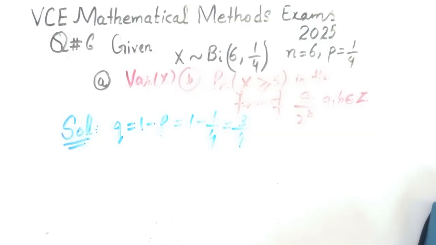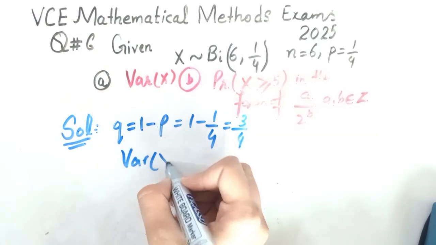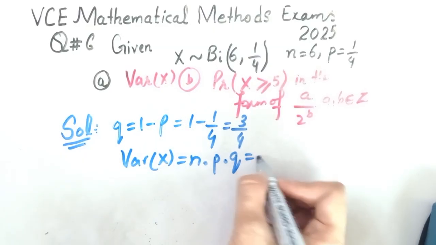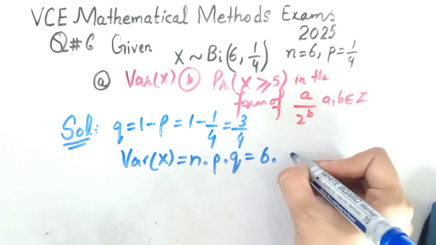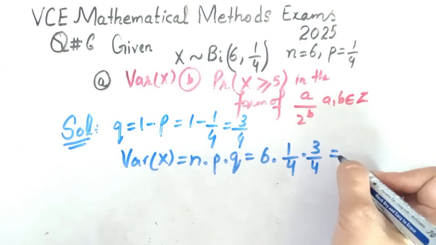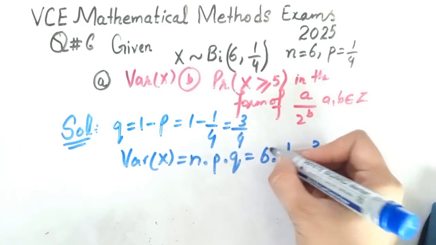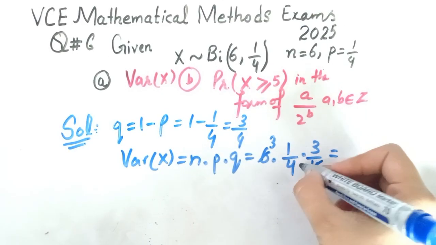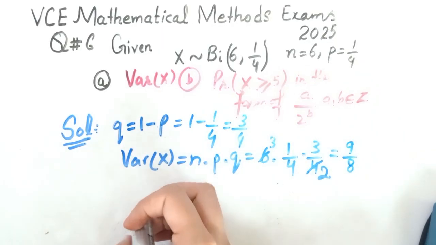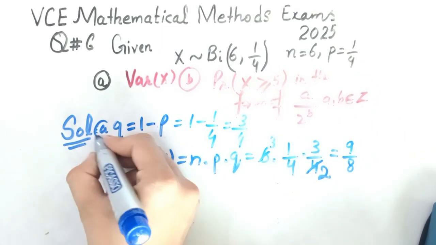Now you have to find the value of the variance. Its formula is n times p times q. The value of n is 6, p is 1 by 4 and q is 3 by 4. We cancel out 3 twos, and this becomes 9 by 8. This is the variance, the solution for the a part.